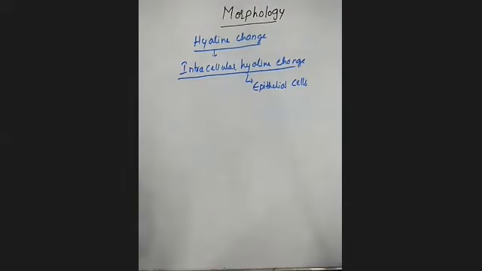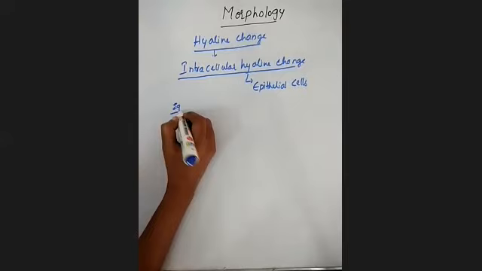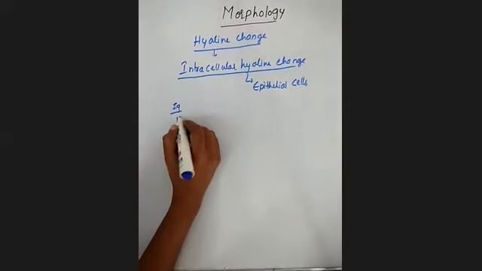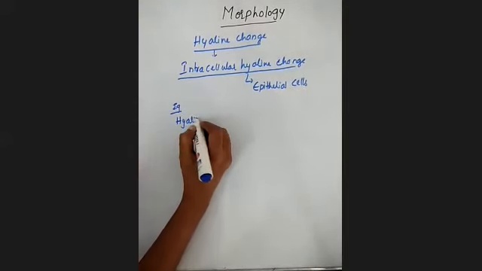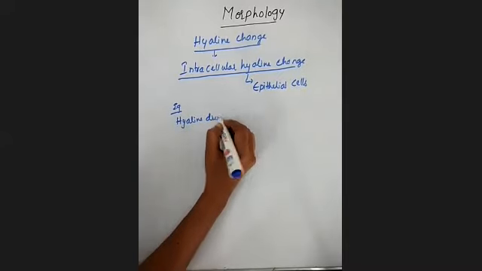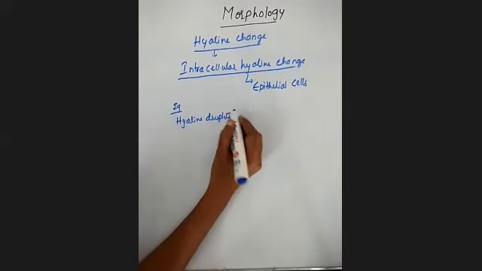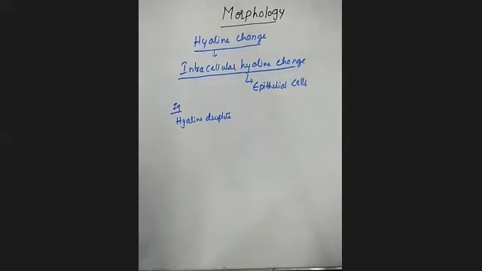We'll see some examples of intracellular hyaline change, examples like hyaline droplets. What is this hyaline droplet? I told you hyaline means a glassy appearance. This will appear like droplets.